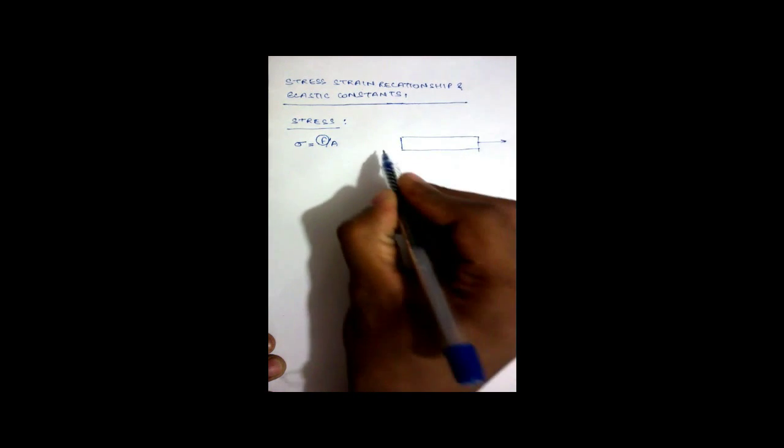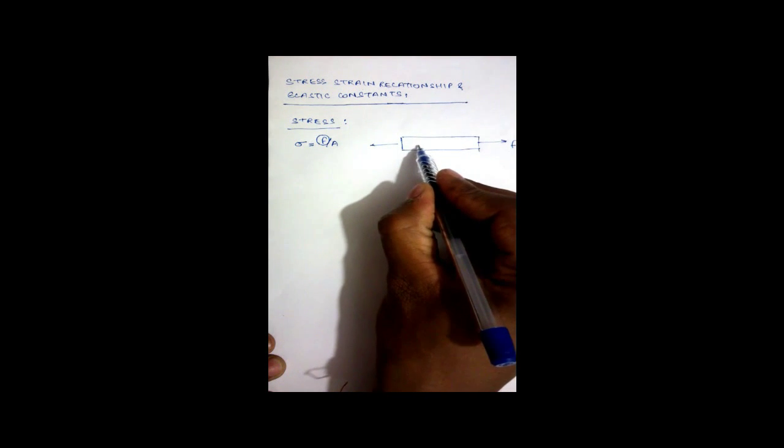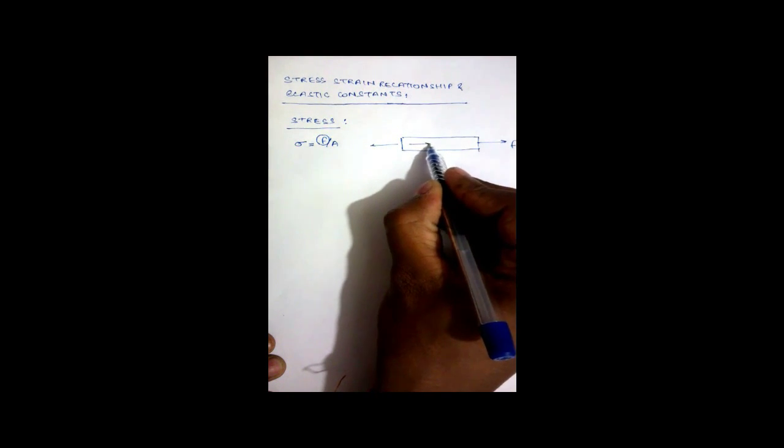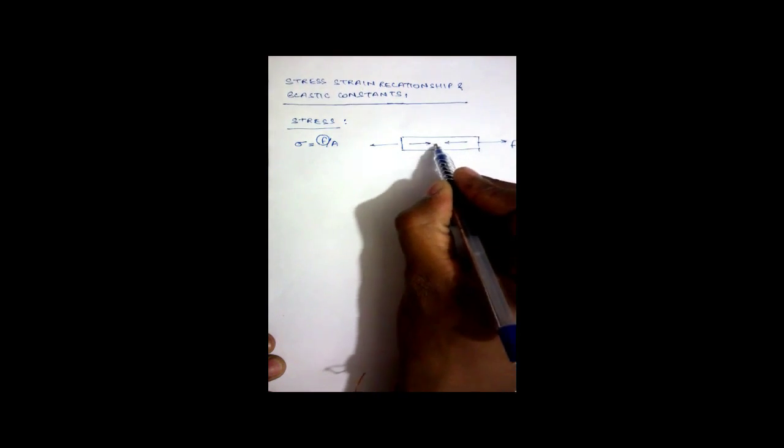If there is a bar over which a force in longitudinal direction has been applied, then there will be an equal resistive force F inside the bar. So we are talking about this F and not this F.